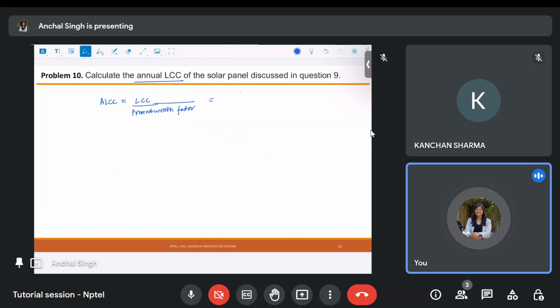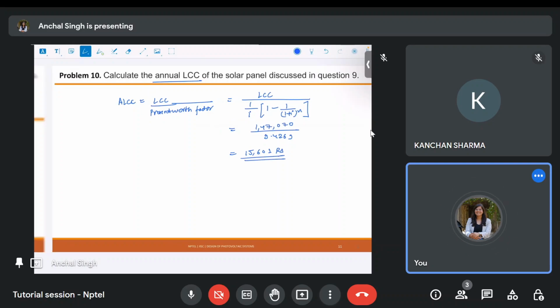And present worth factor is given by 1 by I into 1 minus 1 by 1 plus I to the power n. So we have already calculated the value of this factor, and it was 9.4269. So this amount comes out to be 15,601 rupees.